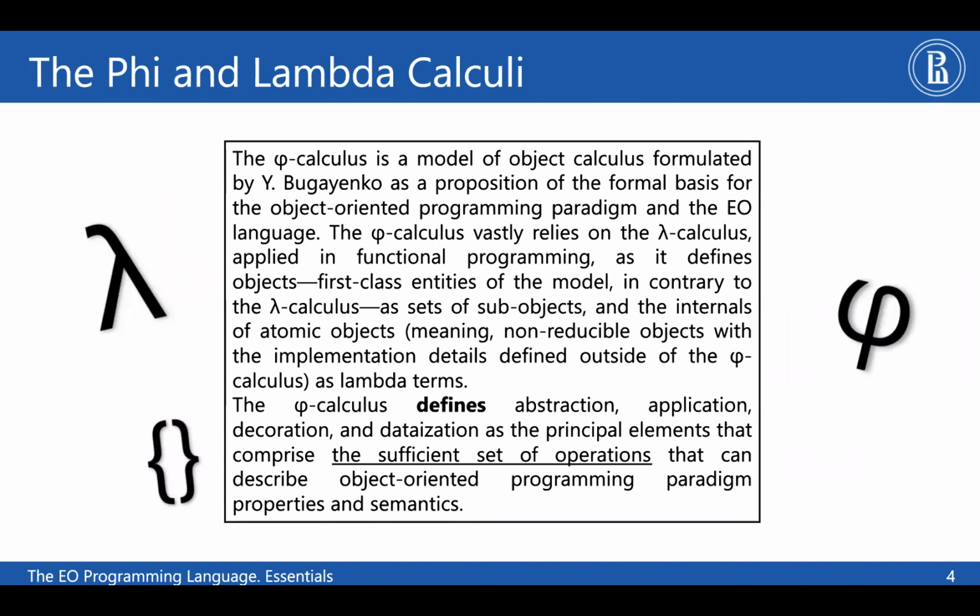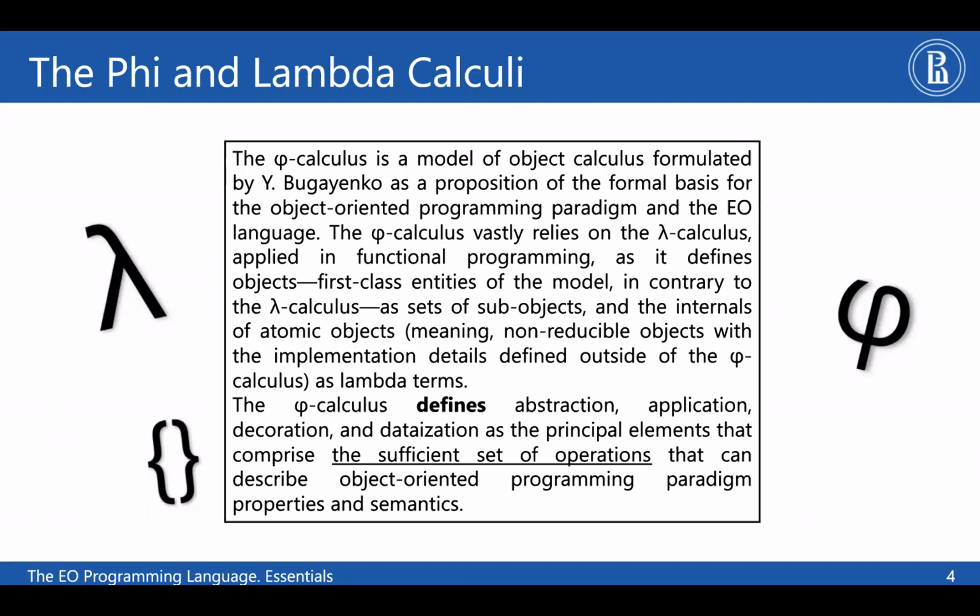The phi calculus is a model of object calculus formulated by Yegor Bugayenko as a proposition of the formal basis for the object-oriented programming paradigm and the EO language itself. The phi calculus vastly relies on the lambda calculus, which is applied in functional programming.